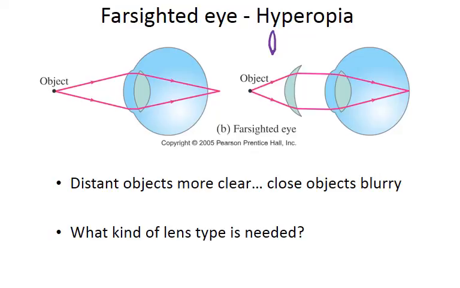Therefore, the rays will end up where they need to be on the retina, and you can make out what an image is. So distant objects are more clear, closer objects are blurry, and so the kind of lens we need is the convex. Now, you don't have to remember farsightedness, hyperopia, but it's good to see this application here, one of the critical applications of this for eyesight and corrective vision.